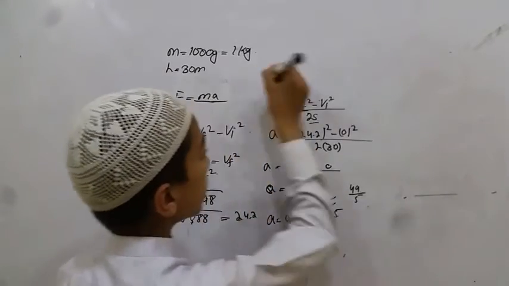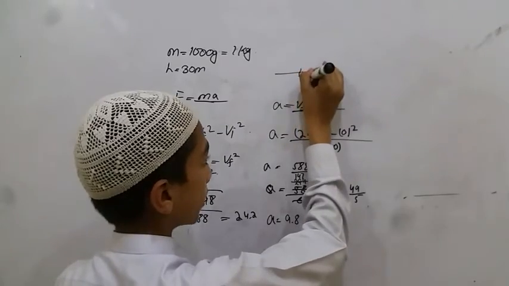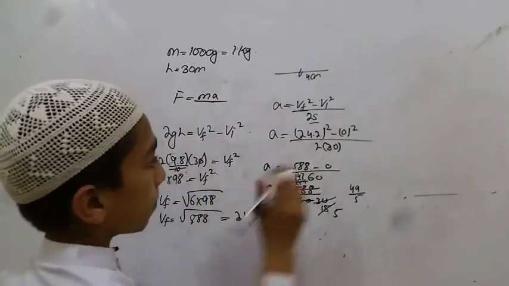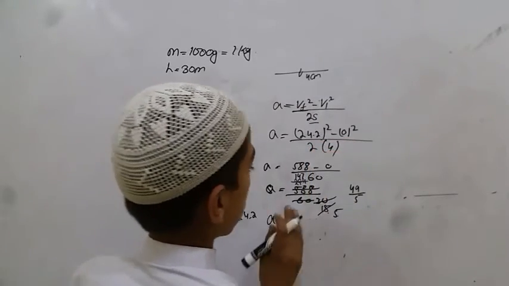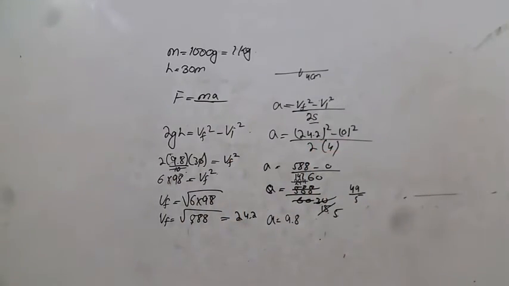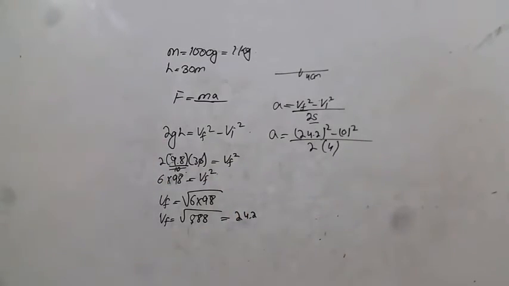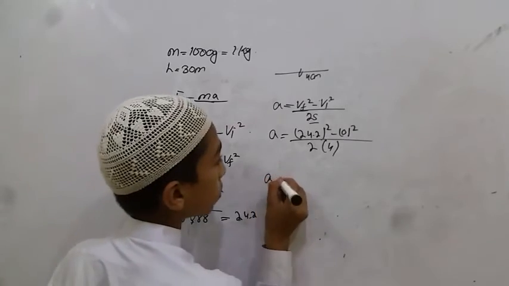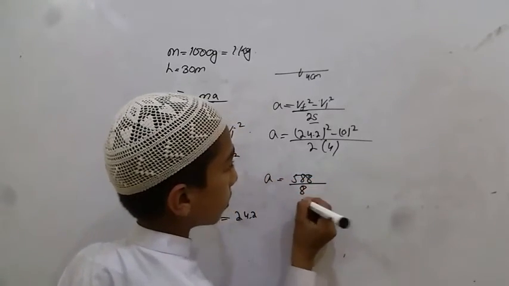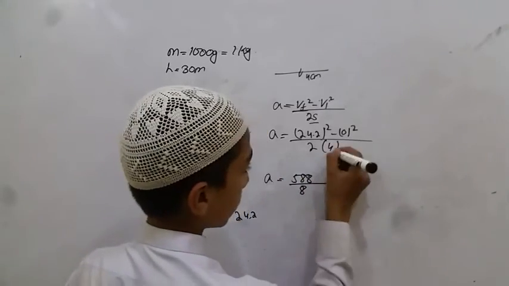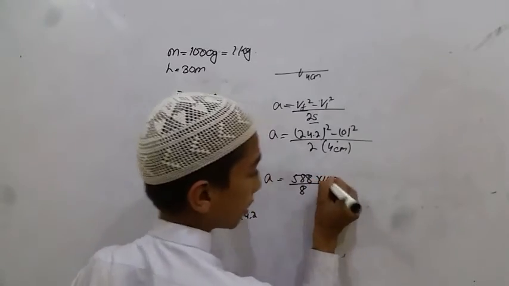Here this is sand and it goes 4 centimeter into the sand. So here the s is 4 centimeter. So a is equal to 588 divided by 8, and here is centimeter, so we multiply by 100.